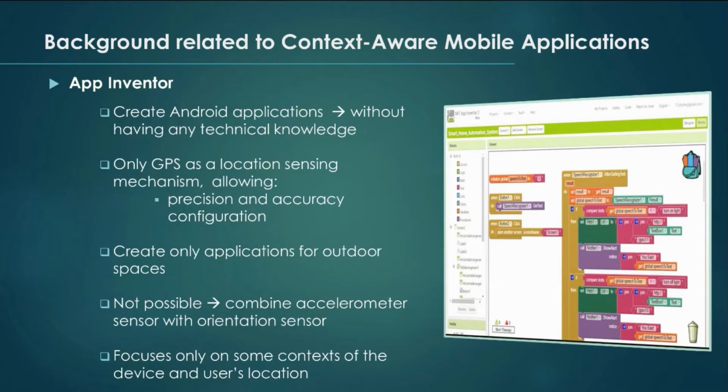Here we have a view of the perspective of this type of application. It creates applications only for outdoor spaces. It's not possible to combine the accelerometer sensor with the orientation sensor. It focuses only on context for the device or user location.